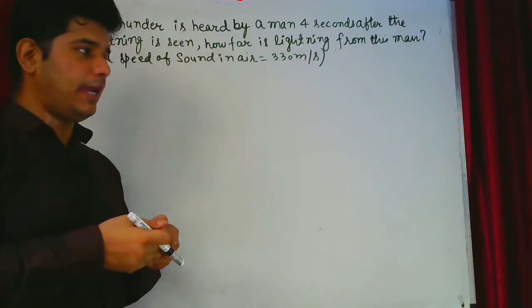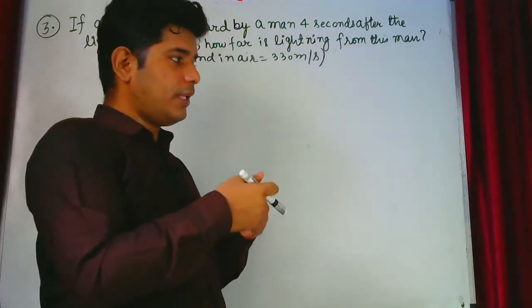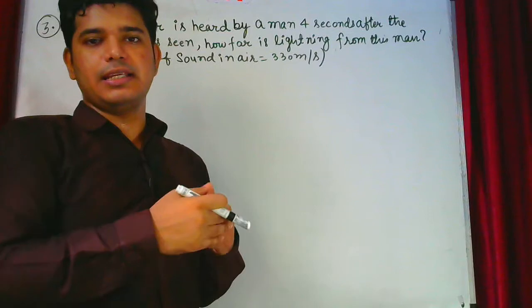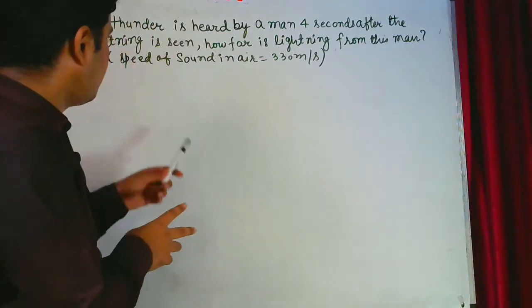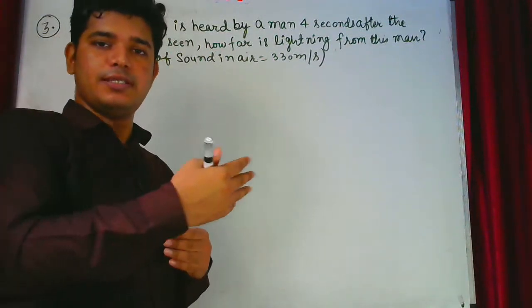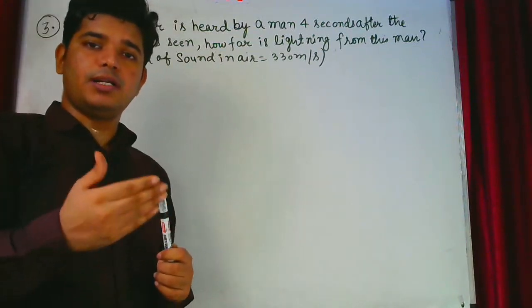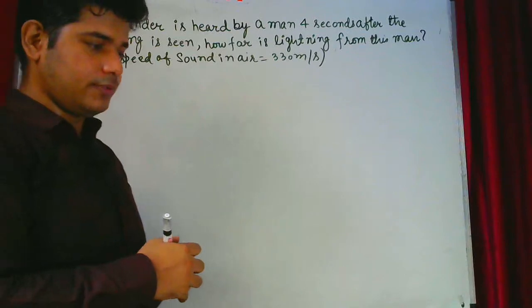So when lightning happens, light will reach this man in almost negligible time, but sound will take time to reach him. The speed of sound is 330 meters per second. So we have to find the distance.